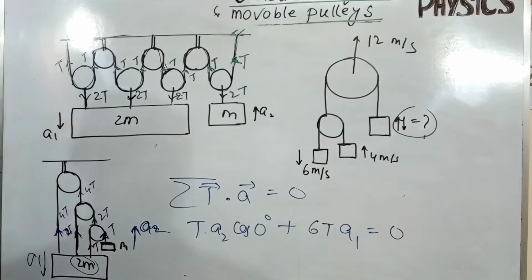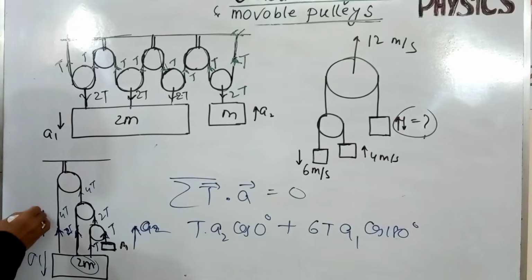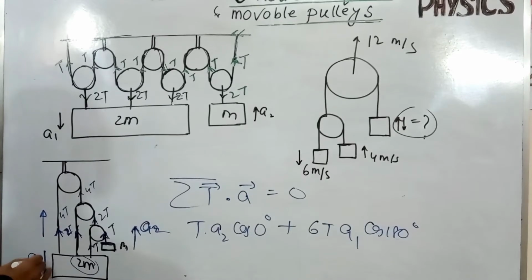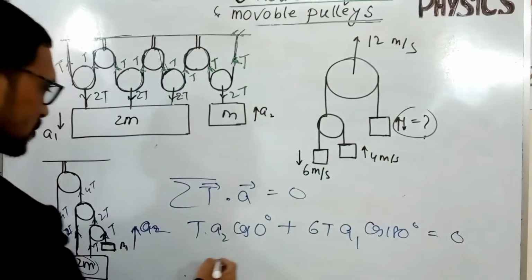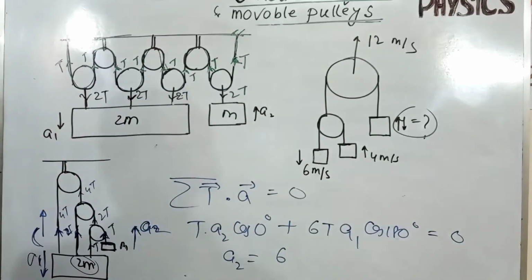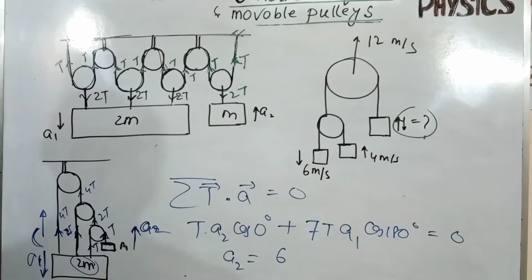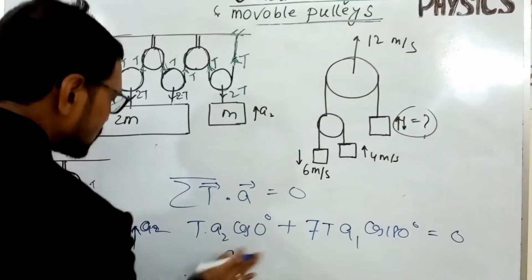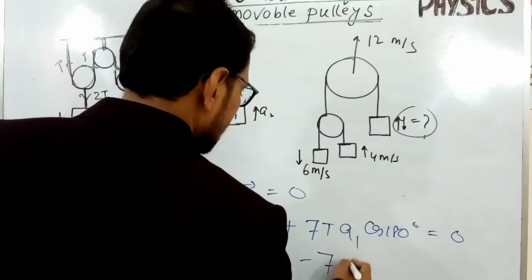Now this is cos 180, because tension acts in the upward direction and acceleration in this direction, so the angle between T and a1 is 180 degrees. If we cancel this, a2 equals 4T plus 2T plus T, that is 7T, so a2 equals minus 7a1.